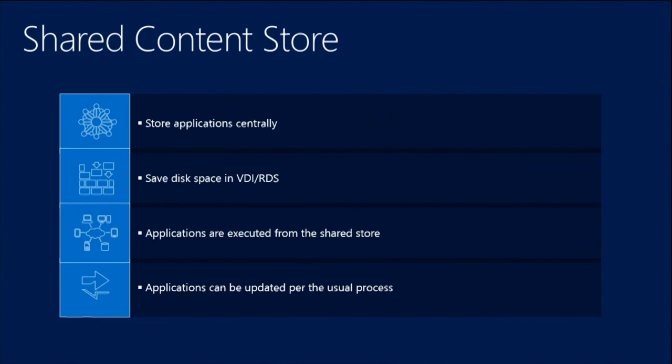Now the shared content store, from a high level perspective, is trying to create the same thing. They want to reduce the storage impact if you have 1,000 VDIs, because all those VDIs will share 80–90% maybe of the same applications. But the implementation is totally different. This is something you implement at client level.